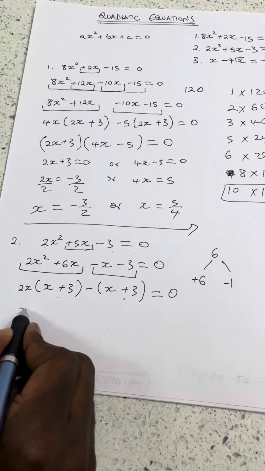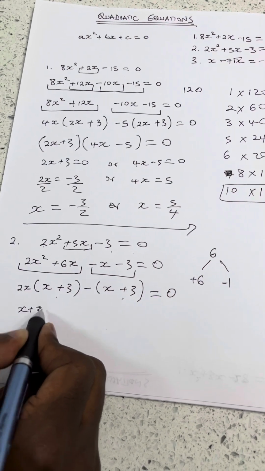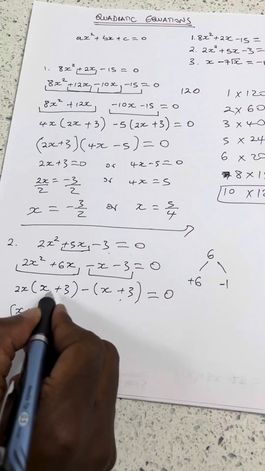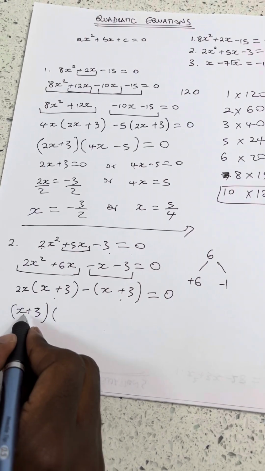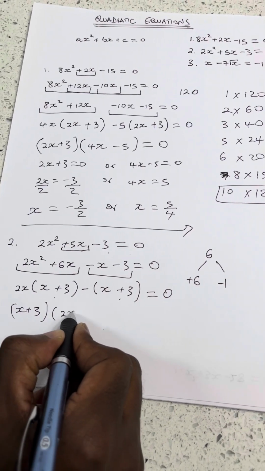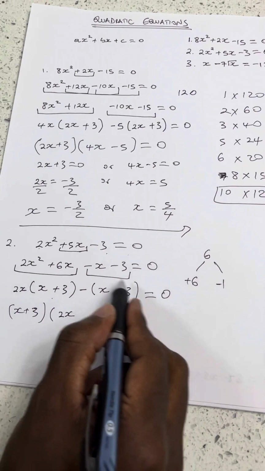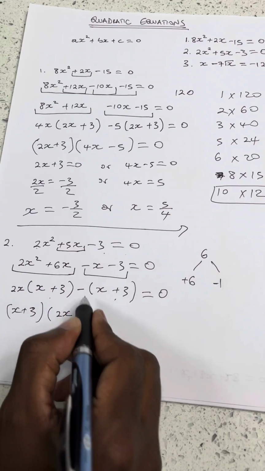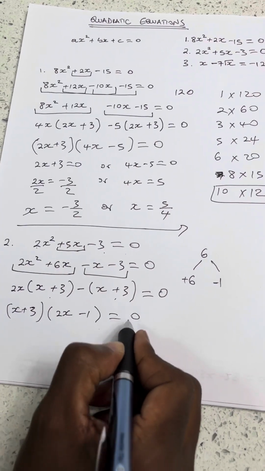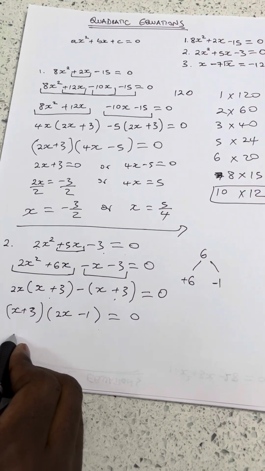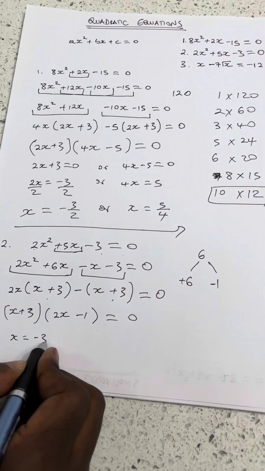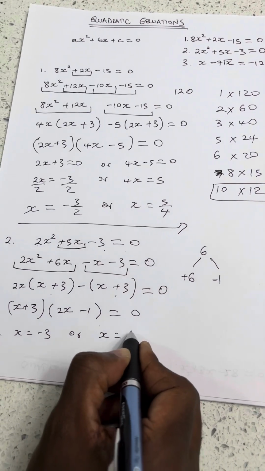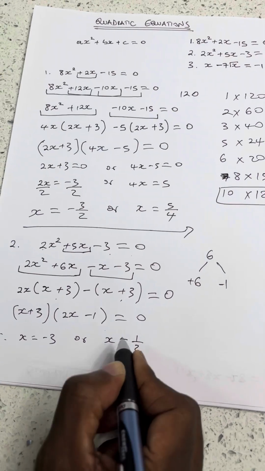And if you divide this expression by x plus 3, you are left with 2x. If you divide this expression by x plus 3, you are left with minus 1. This minus 1 is equal to 0. And therefore, x is equal to negative 3, or x is equal to 1 over 2.